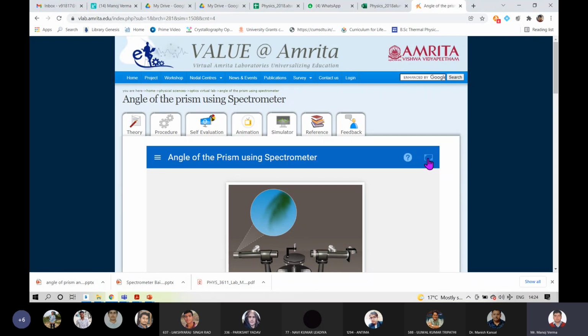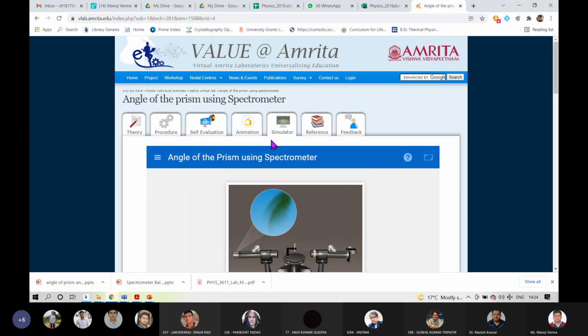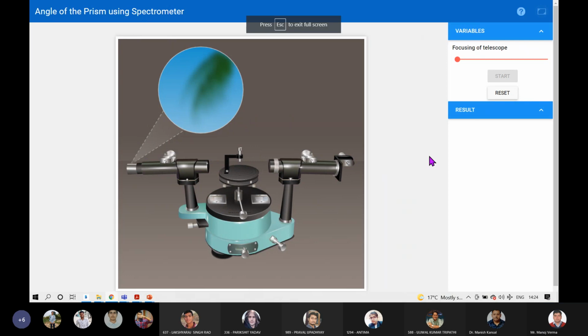But I think you have to log into this Amrita VLab. You can log in with the help of your Gmail credentials. With your Gmail ID and password, you can create an account on this VLab, and it is a very simple step. Okay, now see.